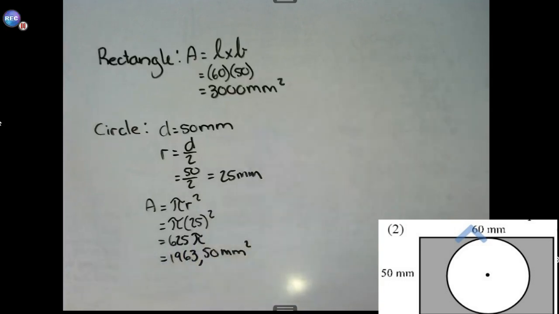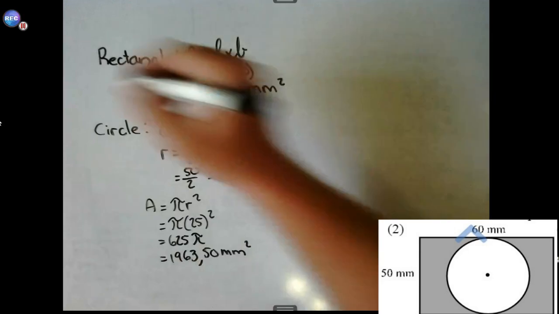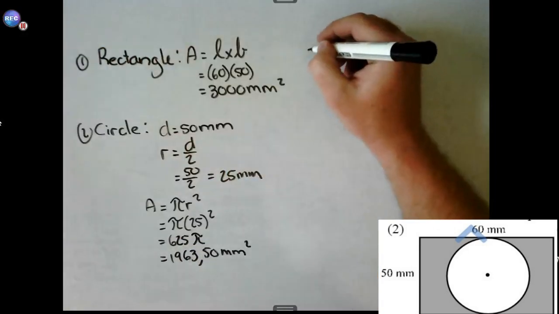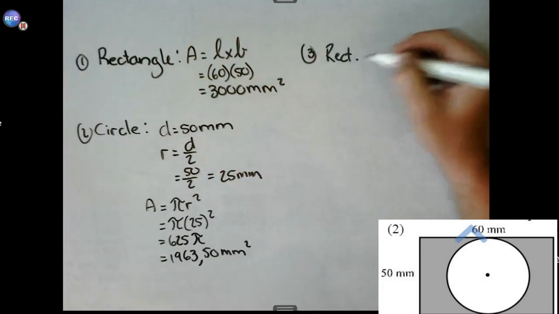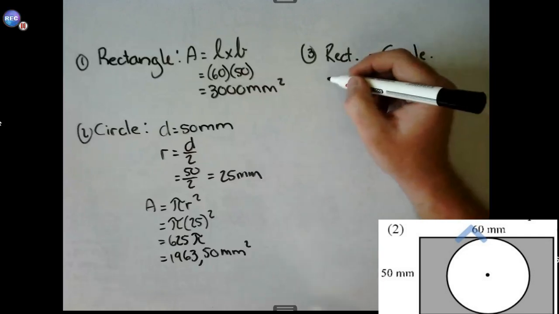Now we need to go and calculate the shaded area, so obviously you're going to subtract the small answer from the bigger answer. So remember, this is the first part, second part, the third part I'll do at the top here. So we're going to say rectangle minus the circle, and that would look as follows.